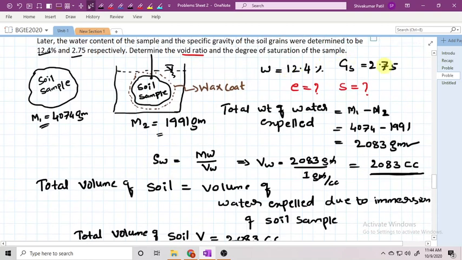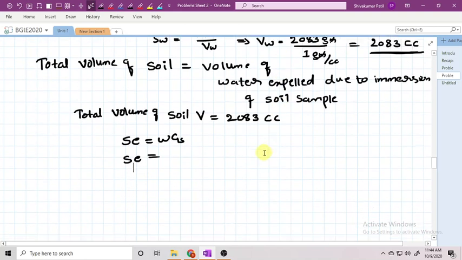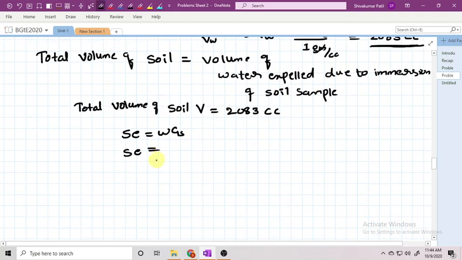Water content they gave, specific gravity they gave. So water content is 12%, which means 0.124, into specific gravity 2.75. So your S e is equal to 0.341.